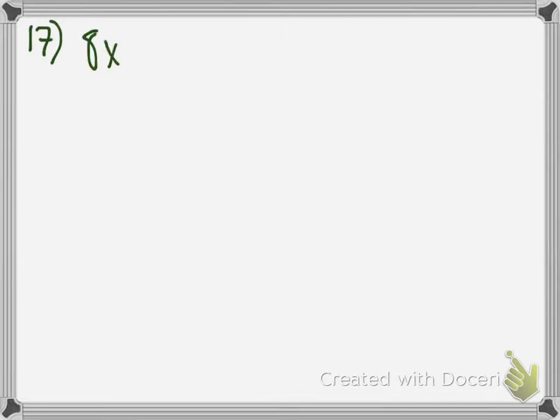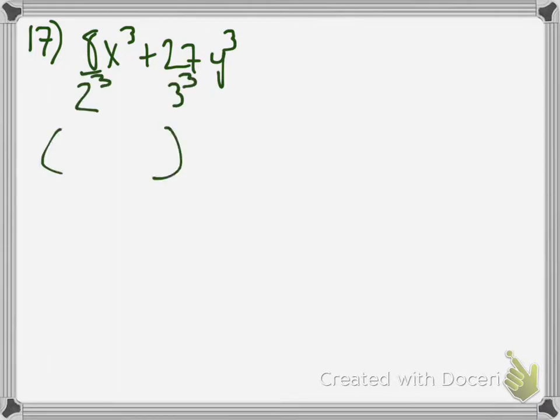17: 8x cubed plus 27y cubed. This one is a sum of two cubes. 8 is 2 to the third power, 27 is 3 to the third power. So I could go like this: (2x plus 3y), then 2 squared is 4, 3 squared is 9, I'm going to have a minus in between, and I would do 2 times 3, which is 6.